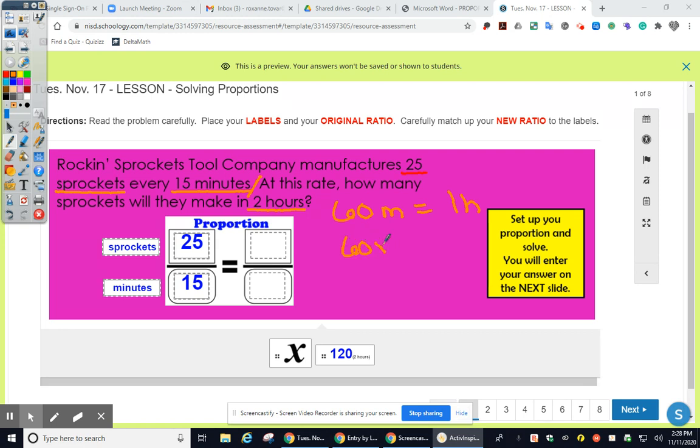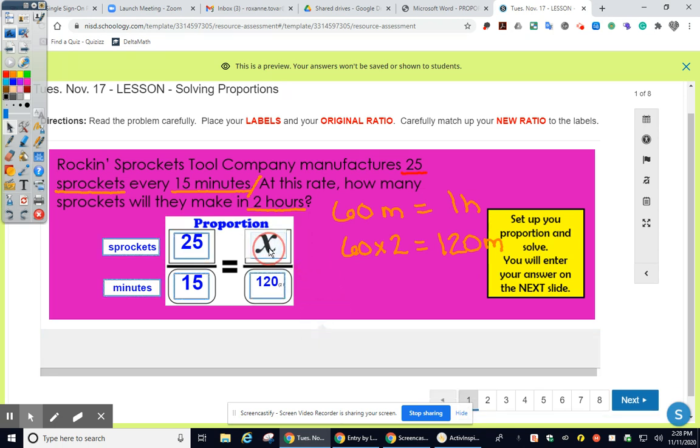So 60 times 2 is 120 minutes. Okay, so my 120 is going to go next to my minutes, and X is going to go above the 120 next to the sprockets, because I want to know how many sprockets I can make in 120 minutes.